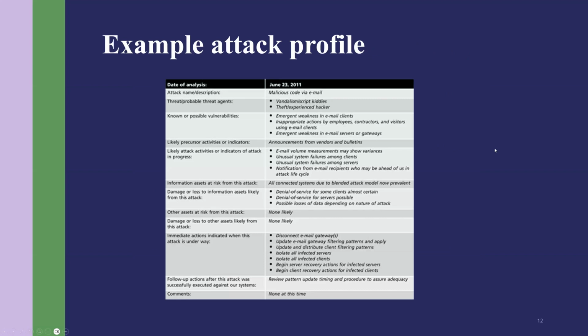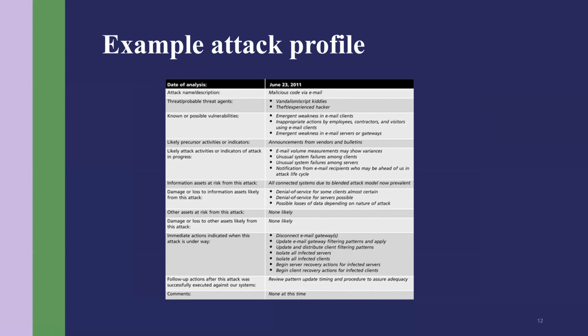So this is an example of an attack profile. As I mentioned, you first need to identify a threat, and you need to prioritize. You should always update the threat list with the latest developments and add those attack profiles. In this attack profile, we have taken a case of malicious code via email.